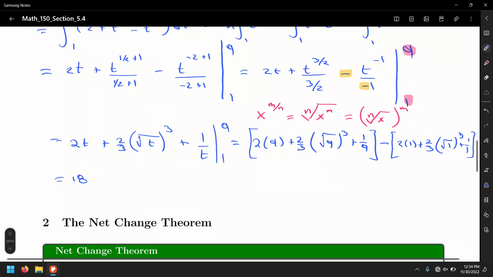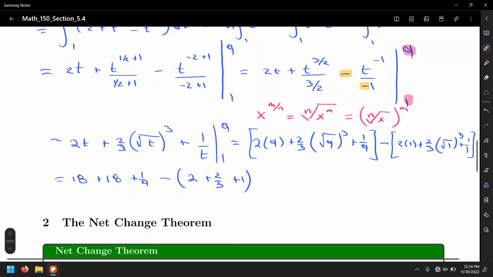But that 27 divided by 3 is going to be a 9. And multiplied by 2, that's another 18. So that's another 18 right here, and plus 1/9. And then minus, in this case, that's a 2. And the square root of 1 is 1, 1 cubed is 1 times 2/3. That's plus 2/3. And plus 1.